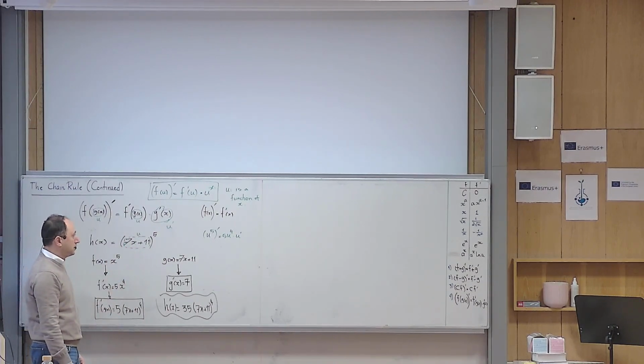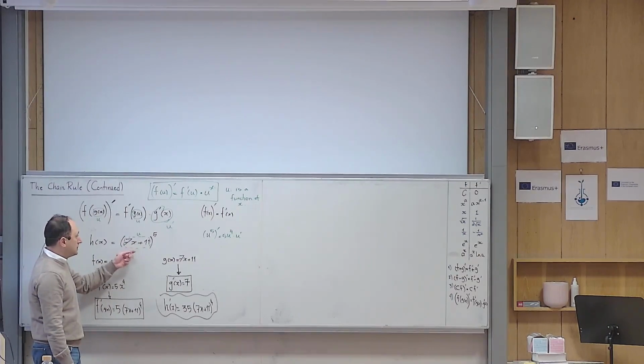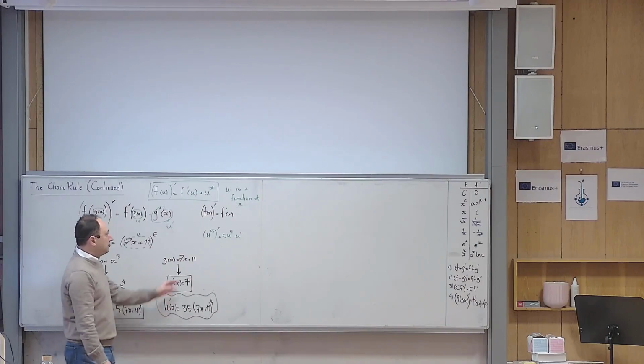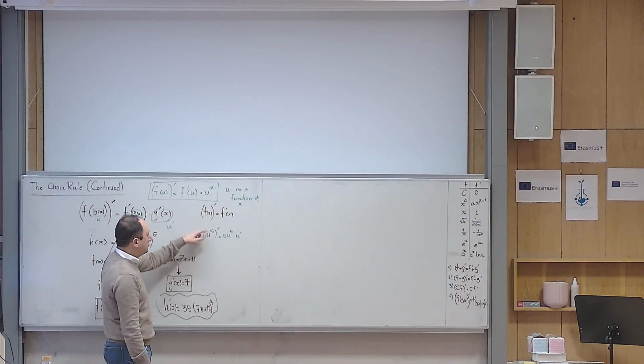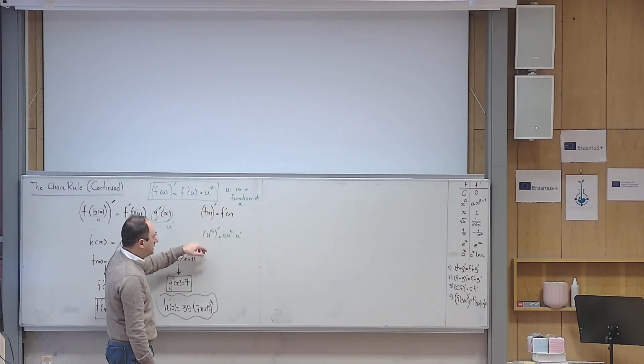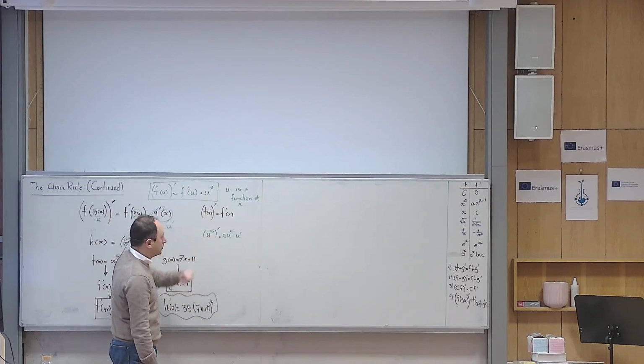So I take this u in my head. Is it a good choice? Yes, because it becomes u to the power of 5. Can I differentiate u to the power 5 according to the rule that I learned? Yes, because I know x to the power 5. The rule for x to the power 5 is 5x to the 4.